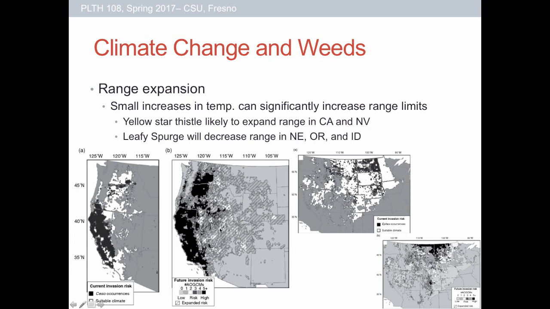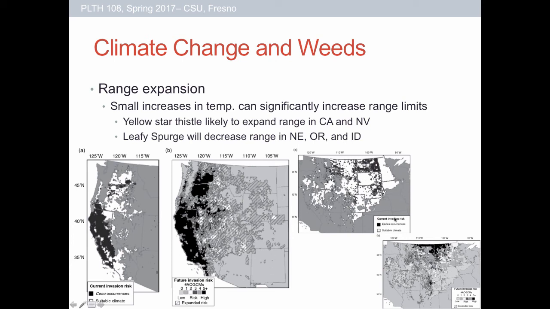All the areas with these little diagonal stripes are new areas opened up to the weed, where it couldn't live before, but now with climate change, it can survive. So you can see it's expanded pretty far east, even to the edges of the Great Plains. There are a lot more areas available to the thistle.